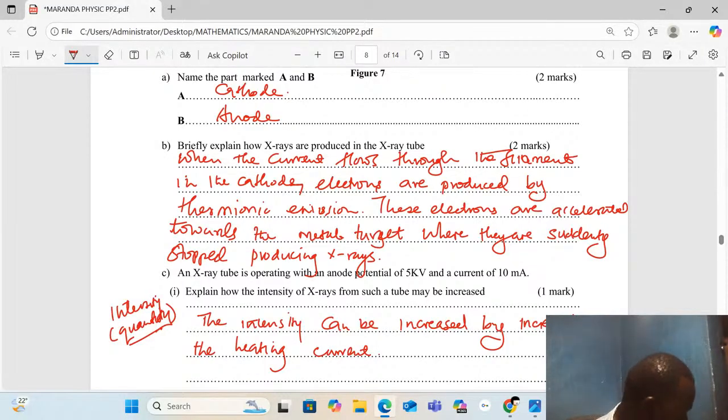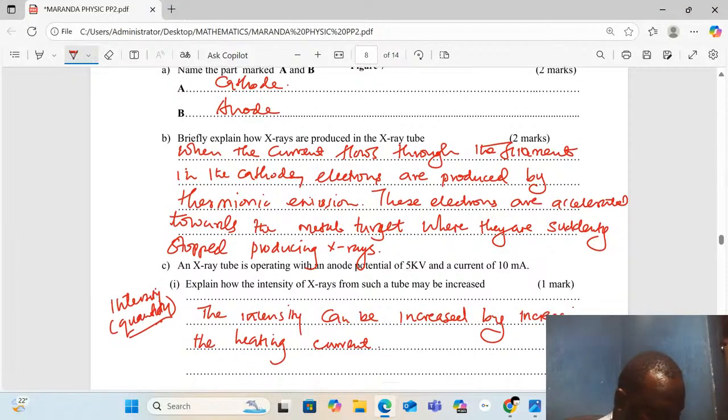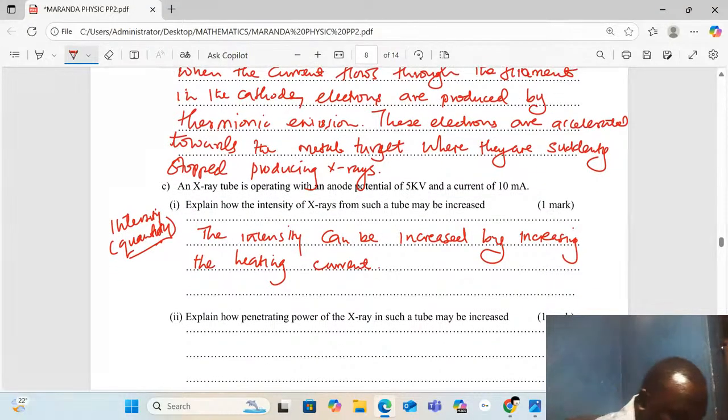If you want to look at the penetrating power, which is the next question, this one we consider the quality. The quality of X-rays that can be adjusted is only the accelerating potential difference.